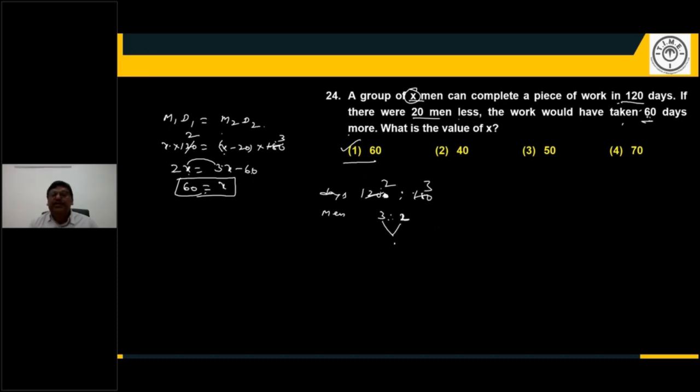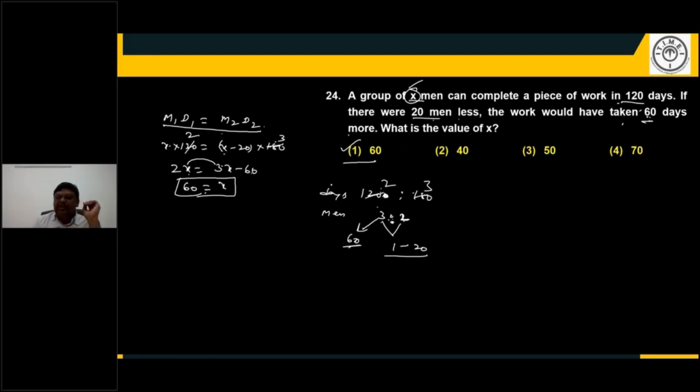The difference is 1 share, but the difference is 20 men. If 1 share is 20 men, 3 shares will be 60 men. Originally I have 60 men. You need the X value, that is originally 60 men. Good, Kaushik. This is by the formula, this is by ratio.